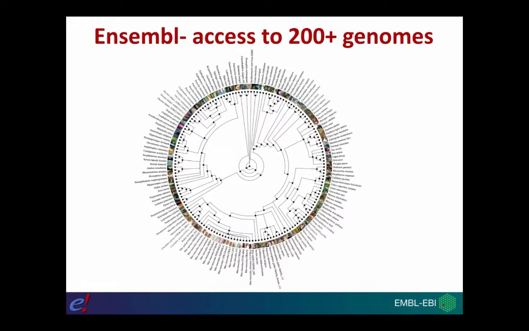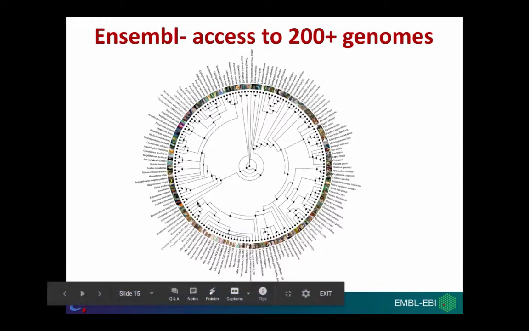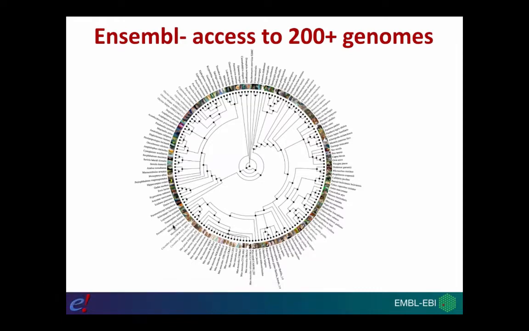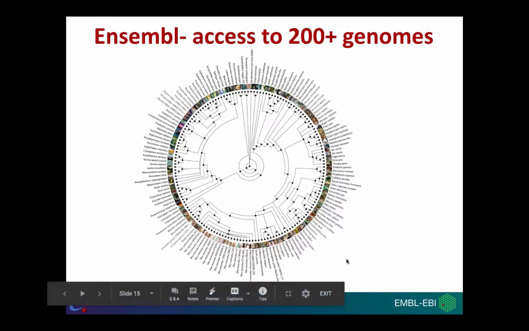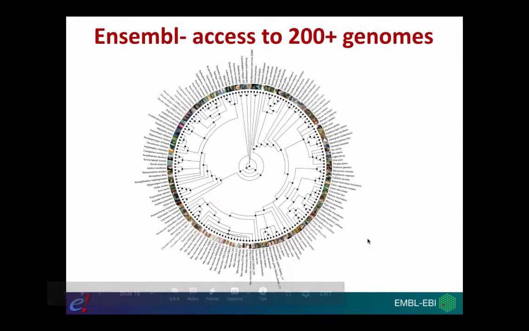If you have a keen eye when you're looking at our species wheel here, you can see human, as well as the great apes. You'll also see primates and the other placental mammals as well. And we try and include conservationally, environmentally, and evolutionarily important species as well.